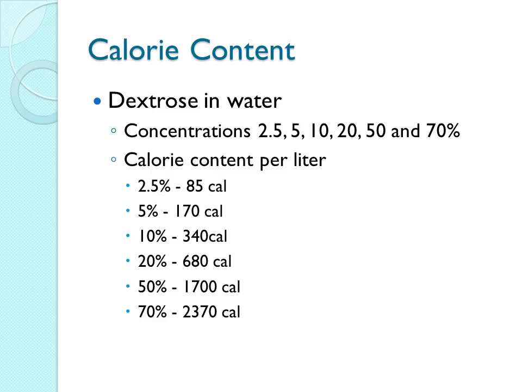If you have 2.5% dextrose in water, this solution is hypotonic when it is in the bottle. 5% dextrose in water is isotonic when it's in the bottle, but it's considered to be hypotonic when it's in the body because dextrose is quickly metabolized by the liver, and when it metabolizes, it leaves water and makes the solution hypotonic. Concentrations that are greater than 10% are considered to be hypertonic.